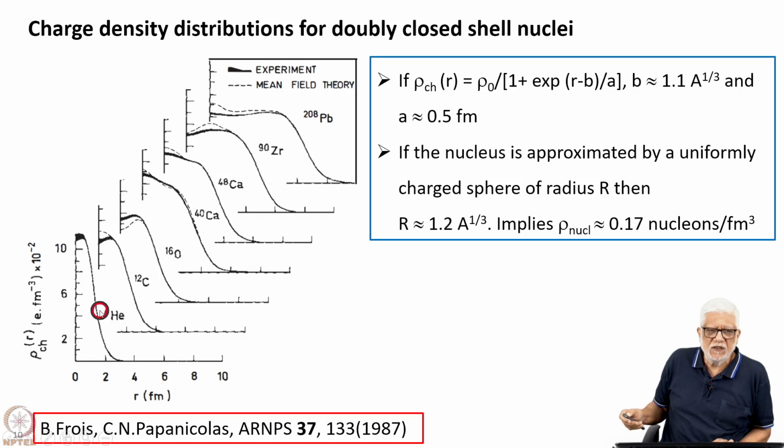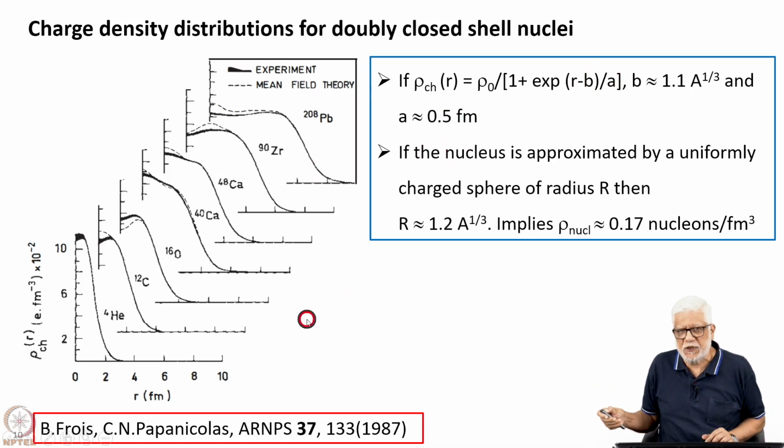So, this increases, as you can see, going to outer and outer r. This b is the half value charge density radius, and a is the so-called skin thickness. So, the skin thickness, over which it falls from, let us say, 75% value to 25% value, is of the order of 0.5 Fermi. This is the denominator factor r minus b.